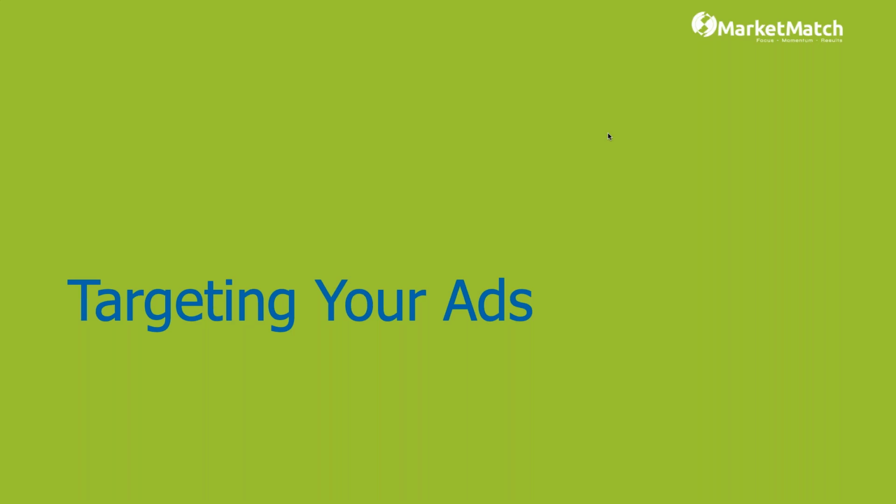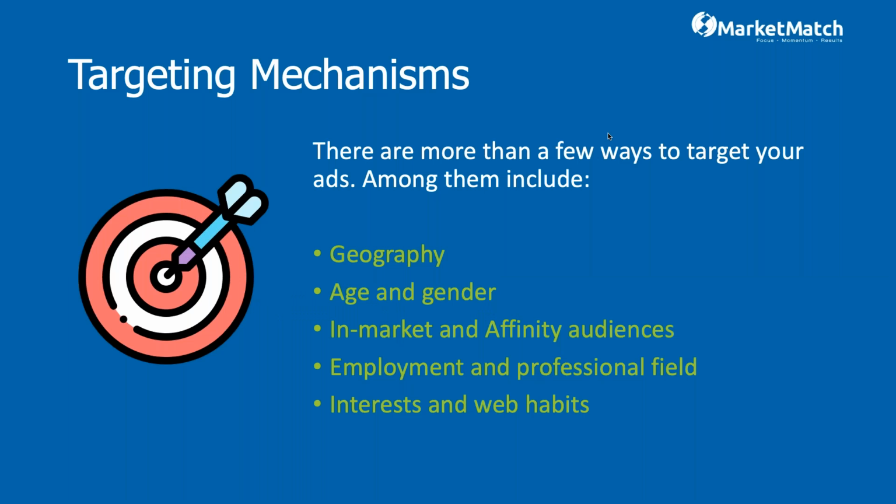So let's talk a little bit now about how we are going to be targeting ads when we're looking through the lens or the filter of digital ad inventory. So obviously there are a lot of different targeting mechanisms available to us on all of the ad platforms that we have. Of course, there's geography, age and gender.